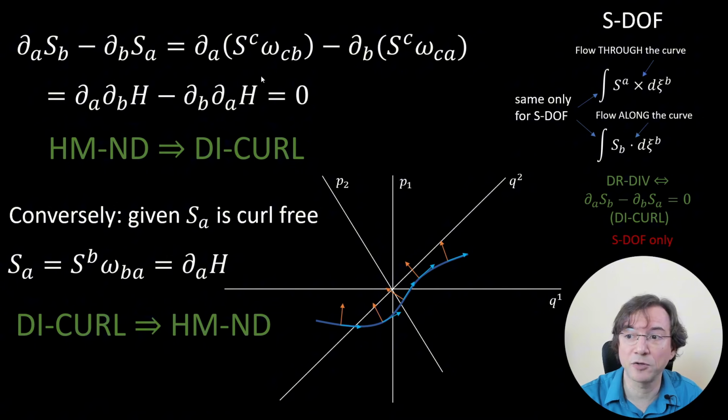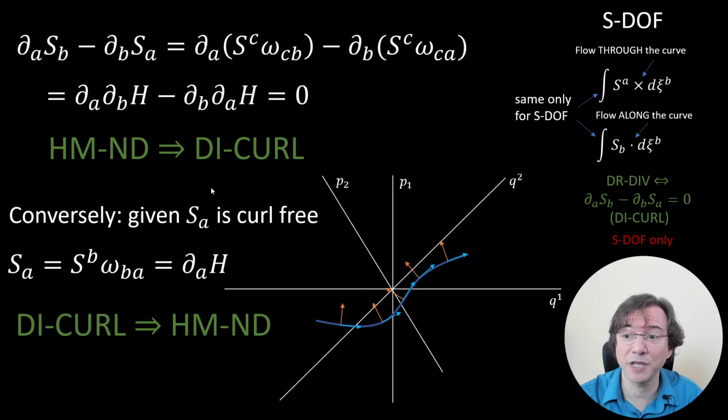And so if we use Hamilton's equation, this term, the rotated displacement field, is just the gradient of H. So this is the gradient of H, this is the gradient of H. And now what happens here is that we essentially have the mixed derivative of H in the two different permutations, which are exactly the same, with a minus in between, and so this is just 0. So if we use Hamilton's equation, we can show that the rotated displacement field has no curl.